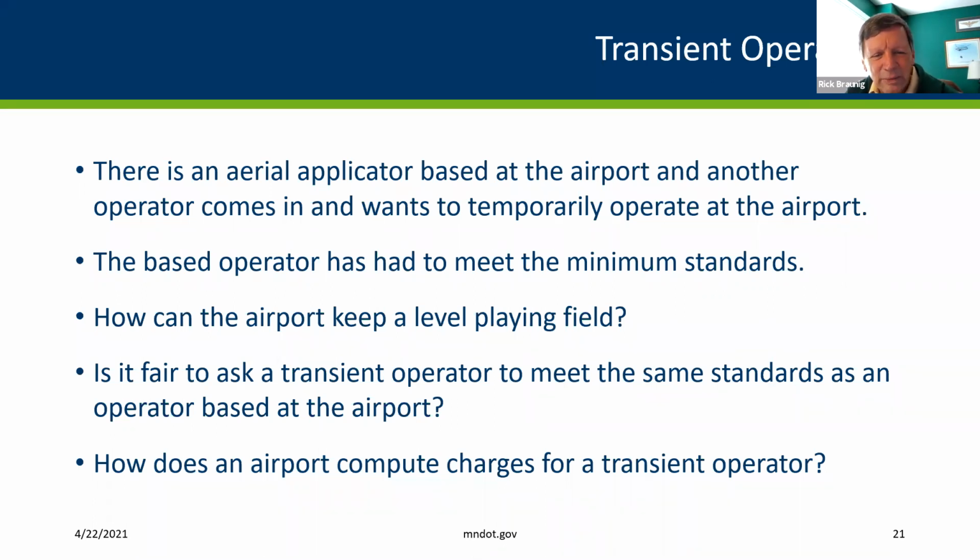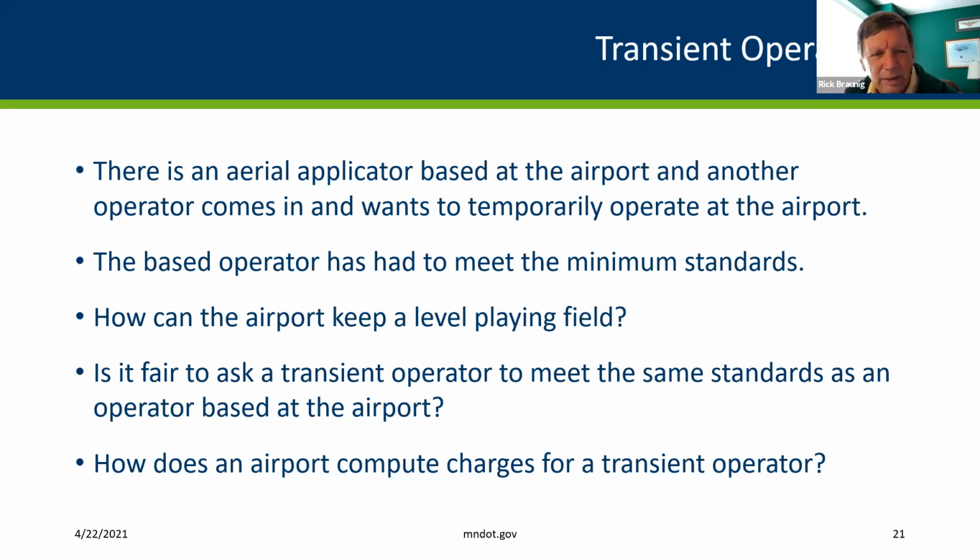A lot of times when I'm looking at an ALP, Airport Layout Plan, for review, I'm asking the question, what are you going to do when you have a transient operator come in? Where are they going to be able to set up? And if you don't have the space, well, then maybe your minimum standards addresses that.